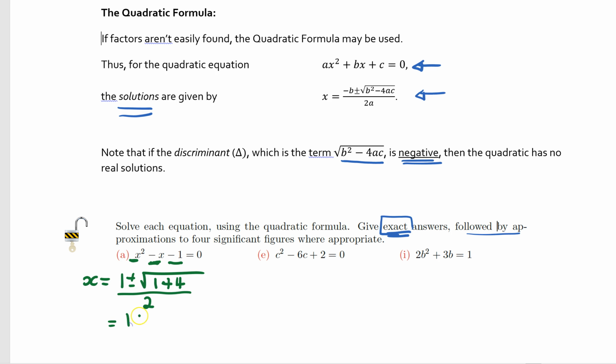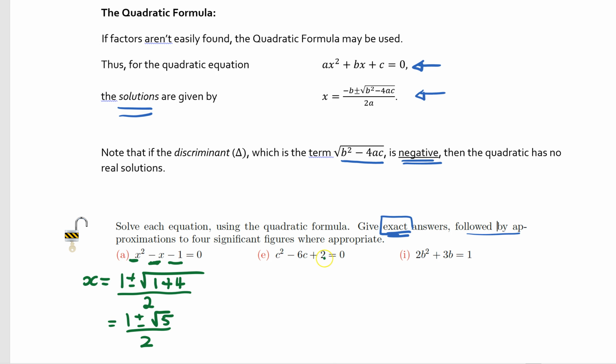So my solutions are 1 plus or minus √5 on 2. I get two different solutions, which are x equals 1 plus √5 on 2 and x equals 1 minus √5 on 2.